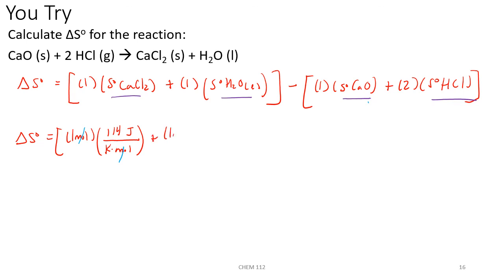Plus, we're going to have 1 mole times our standard molar entropy for liquid water, which is 69.96 joules per Kelvin times mole. Our moles end up canceling.